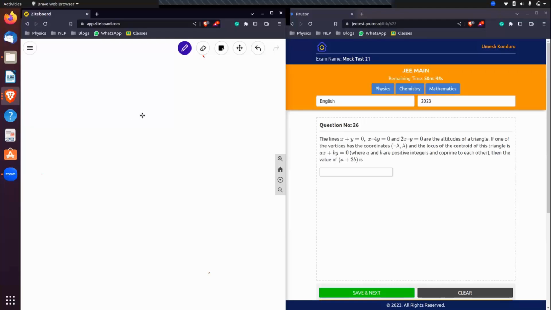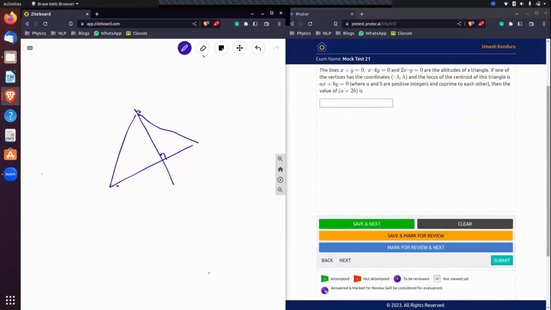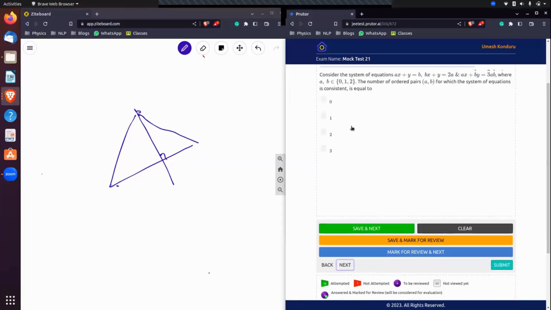So let's figure out. I'm not really sure what we're supposed to do here to figure out what the centroid is. This might get a bit lengthy, so I'll go to the next question.